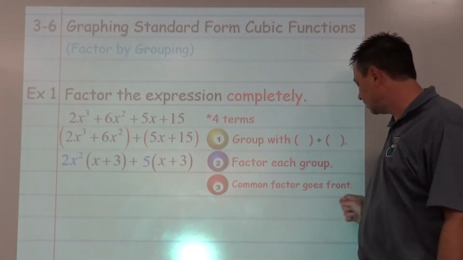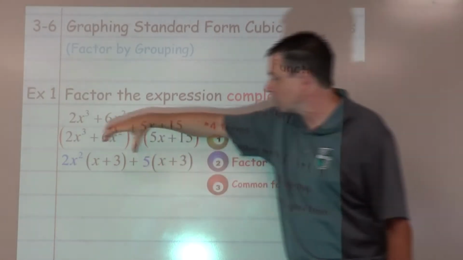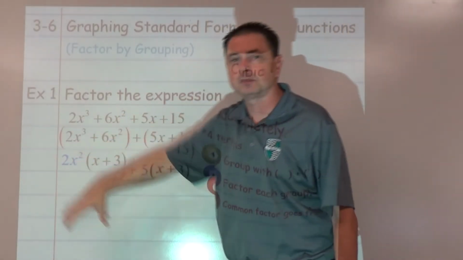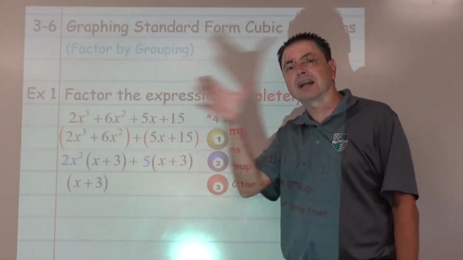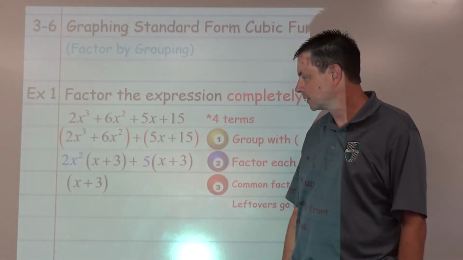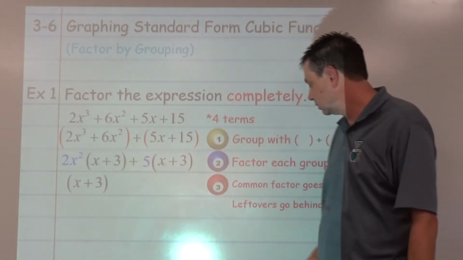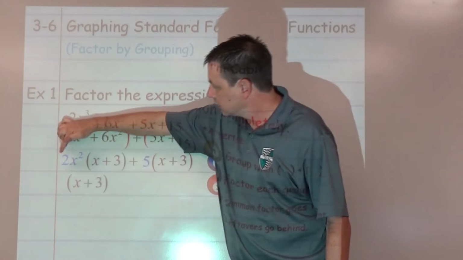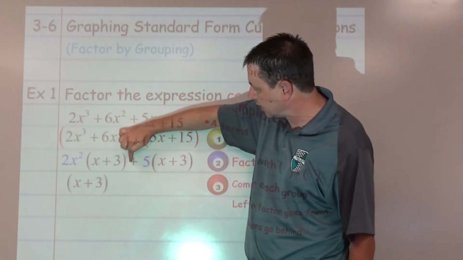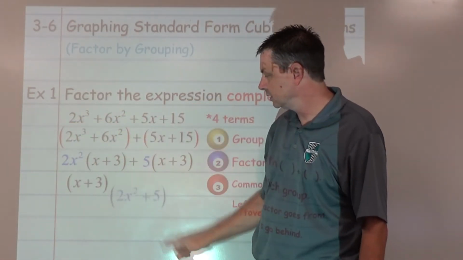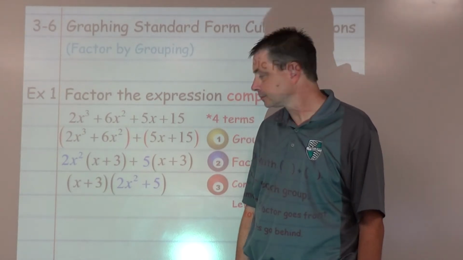We take the common factor and it goes to the front. The common factor is x plus 3. Factor it out to the front. And then the second factor is just the leftovers: 2x squared plus 5 goes in the second group.